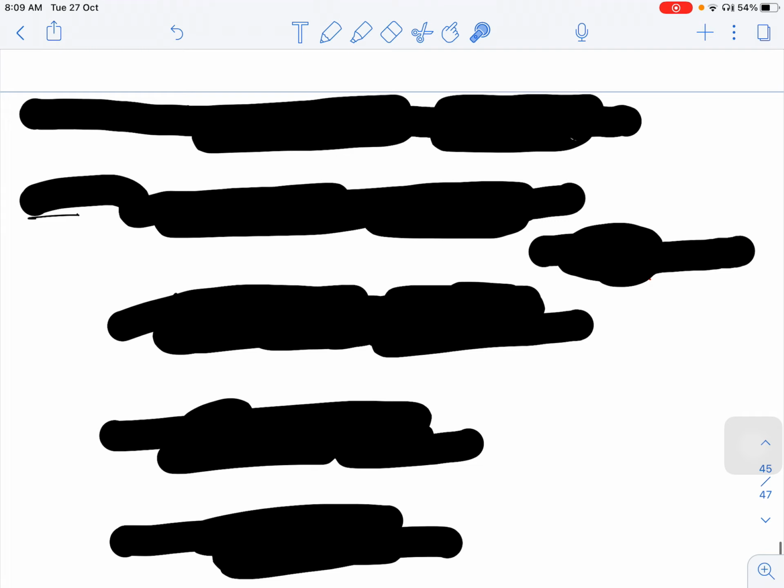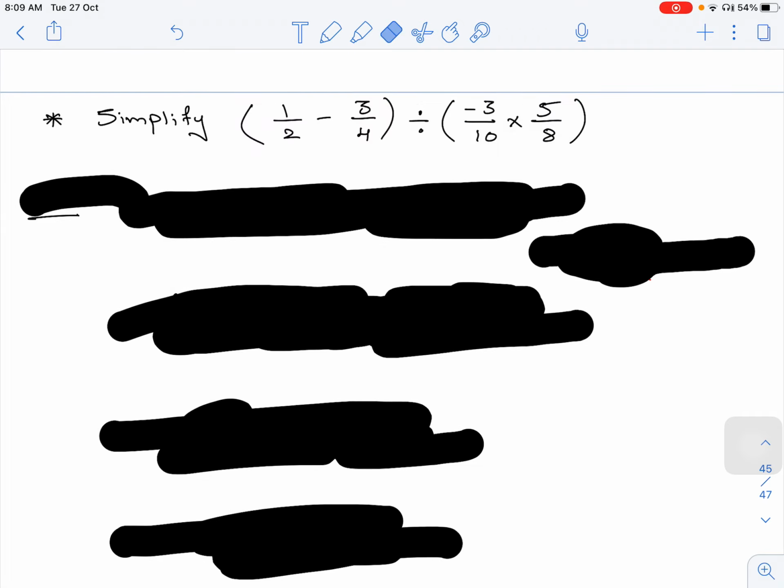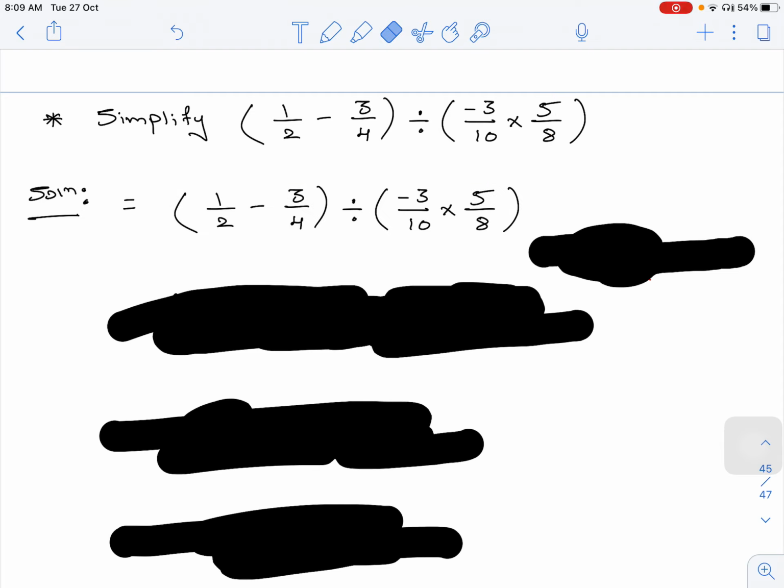Now let us consider one more example, a little bit different. Here we have to simplify 1 upon 2 minus 3 upon 4 divided by minus 3 upon 10 into 5 upon 8. Our first step, as it is, we will write it.